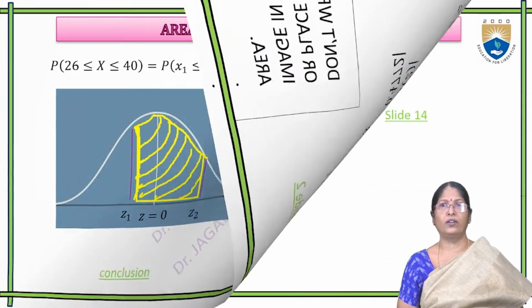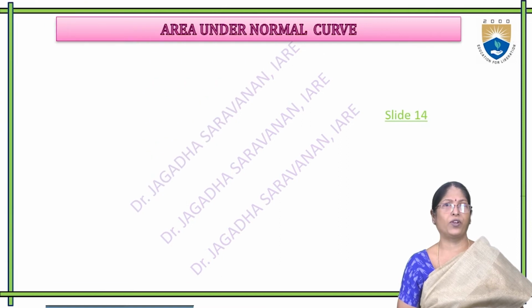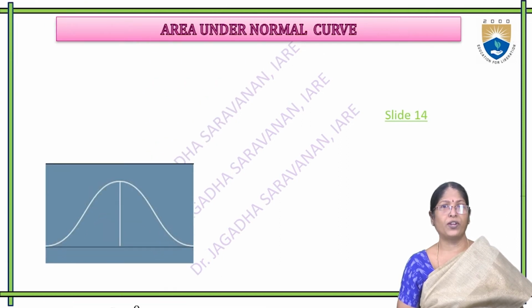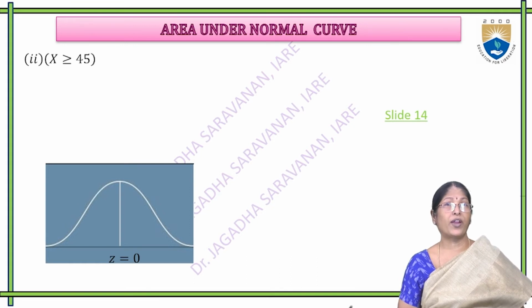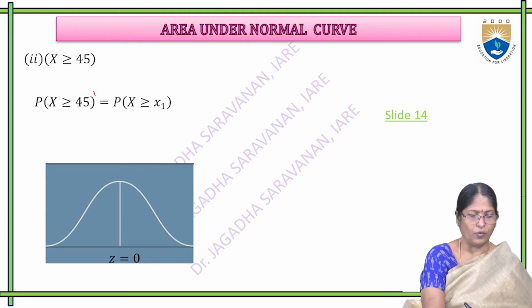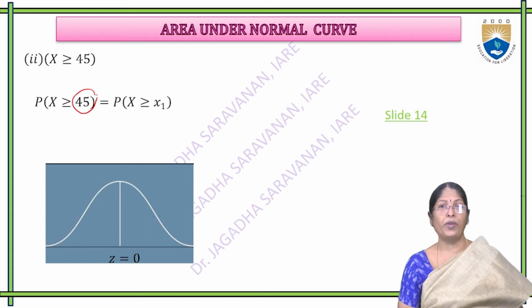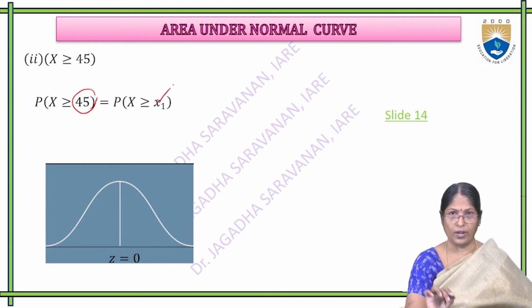The same way, there are two parts in the questions. One more question is, x is greater than or equal to 45, and the 45 we are assuming as x1.